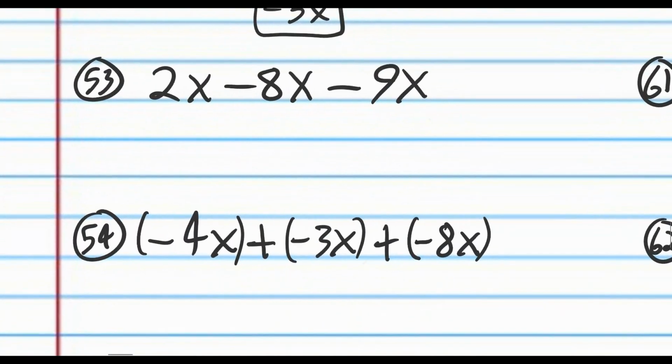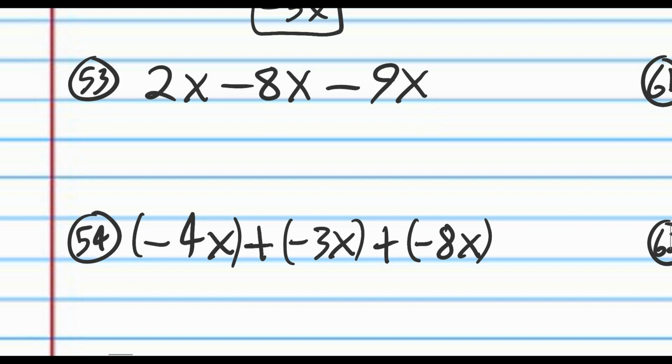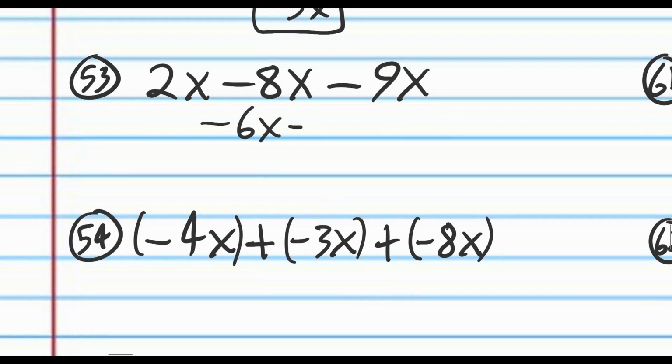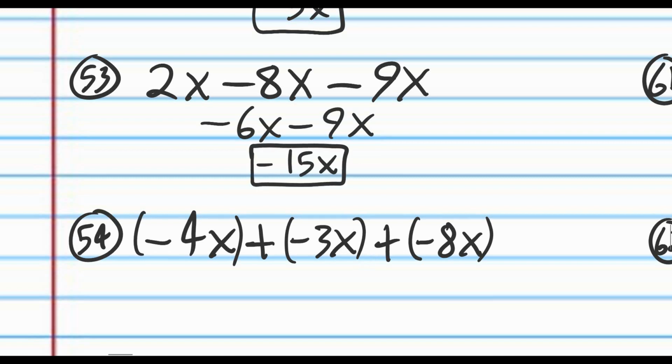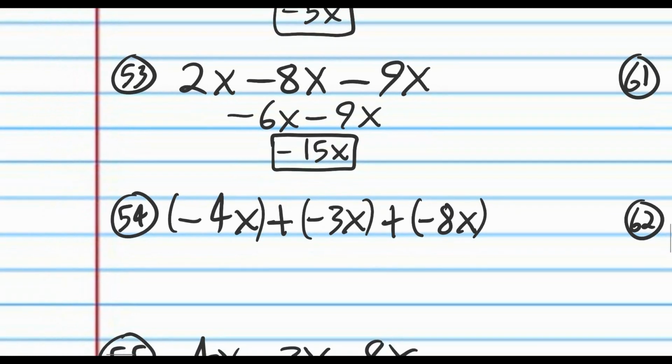Why don't you try the next two problems, and when you come back, we'll do them together. All right, we're back. So we got negative 15x. If you got negative 15x, good job. Remember, this is the condensed notation. I could write it without the condensed notation, but you need to get used to that notation.